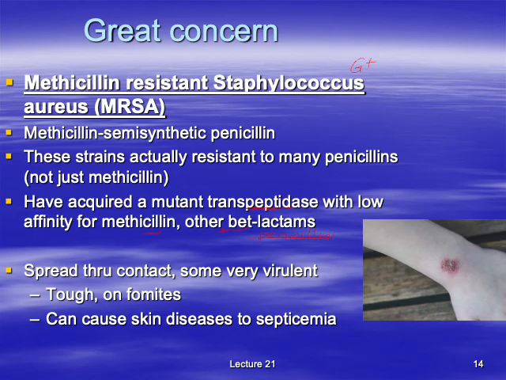Now, these bacteria are often on the skin. They're spread through contact, touching. They can live on fomites for quite a while. Weight rooms, really bad places. They live on the fomite, and they get picked up from someone who sits on the bench after a person who has a reservoir sat on the bench. That's why you should wipe it down with those disinfectant wipes with the quats in them.